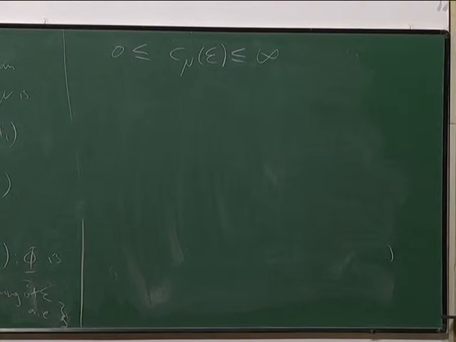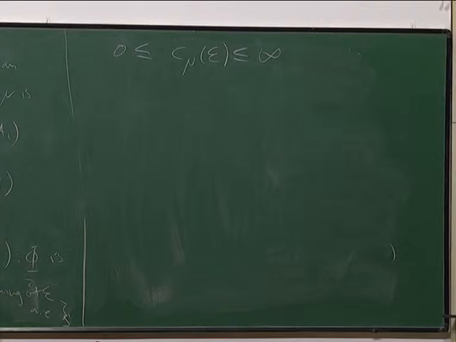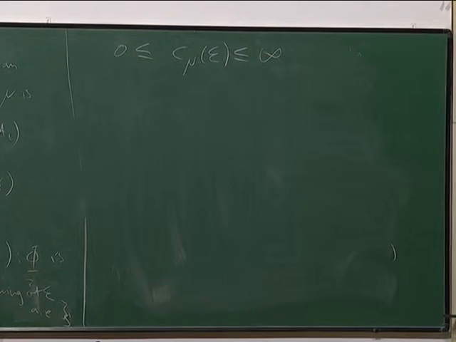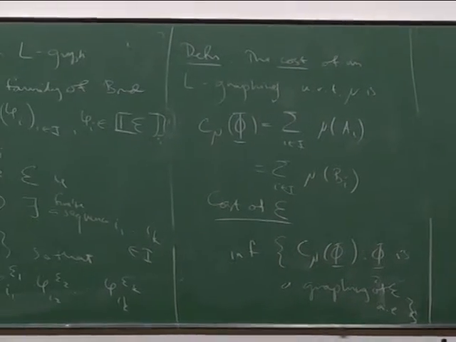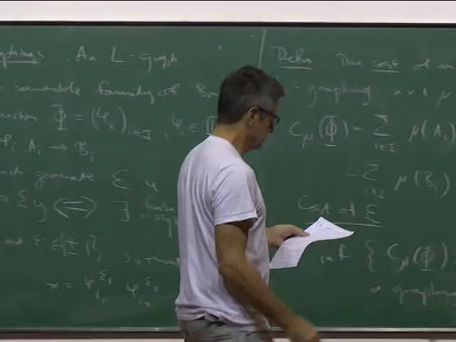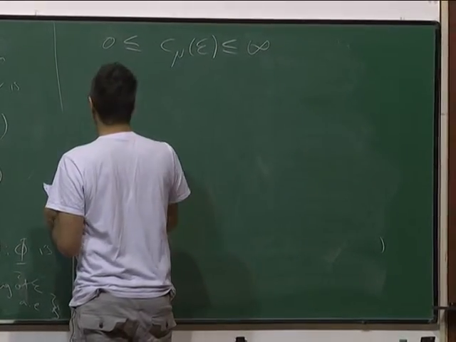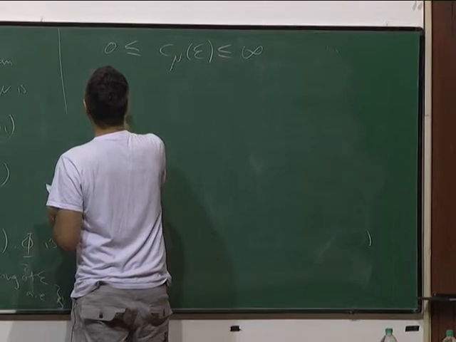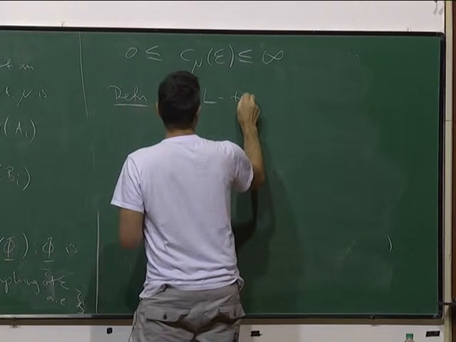So what I'm going to tell you is that the cost of a group's action is an invariant for the equivalence class of the measure, and it's one that actually enables us to distinguish between groups on D generators and E generators. Now, you can even get better.